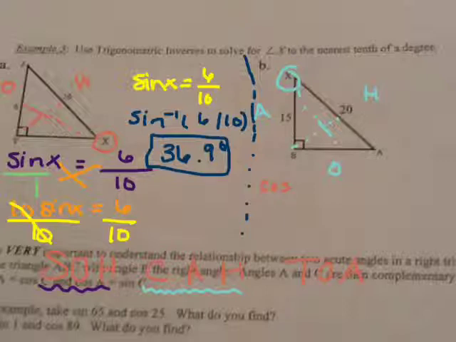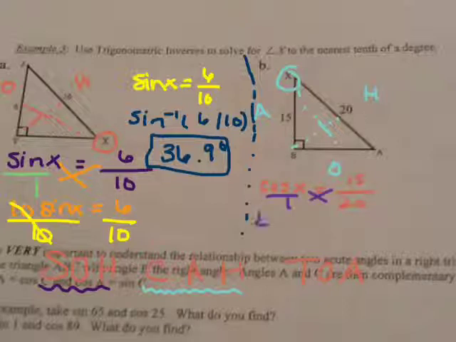So cosine of our angle, we don't know what it is, equals A, which is 15, over H, which is 20. Same exact steps. Go ahead, cross multiply.